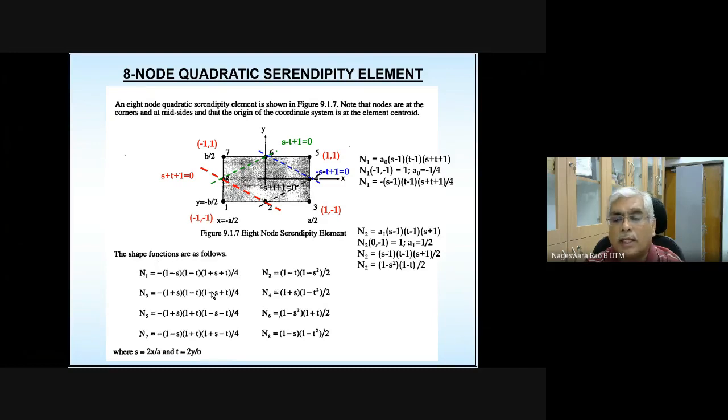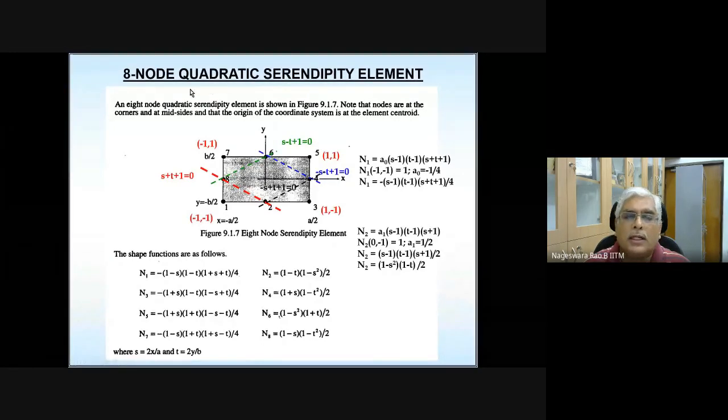So that's why it's 8-node quadratic and a serendipity element. Serendipity in the sense that it does not fall under, or you will not be able to directly use, the Lagrange interpolation formula. So that's why the word serendipity is appended. It's not a Lagrange element, it's an 8-node serendipity element.